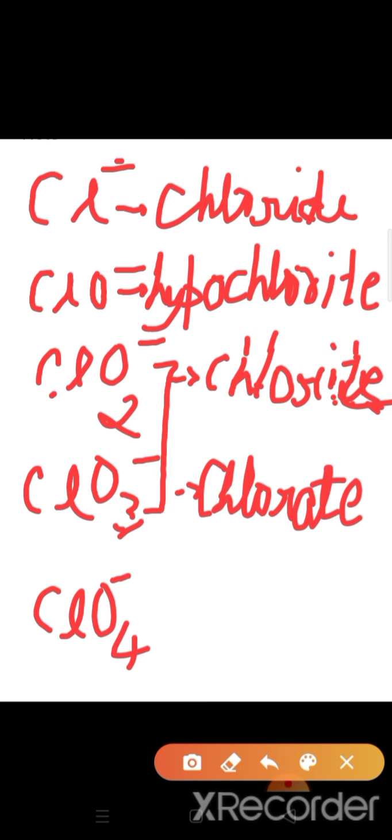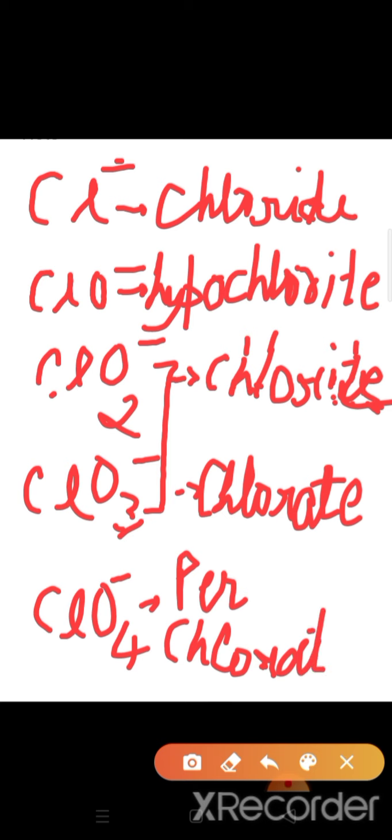So its name becomes perchlorate. ClO4 negative is perchlorate.